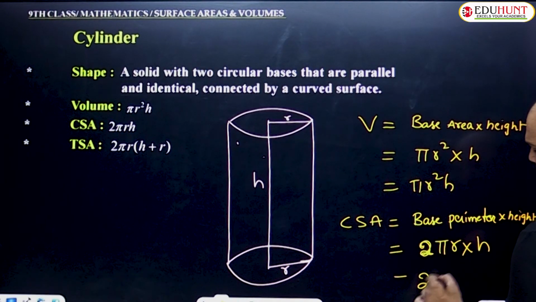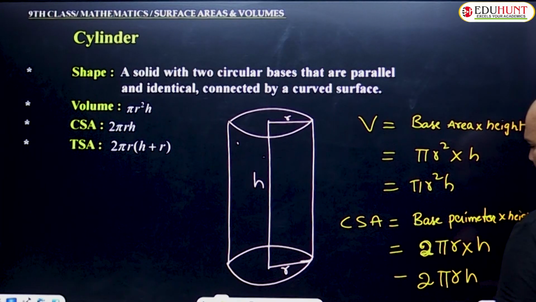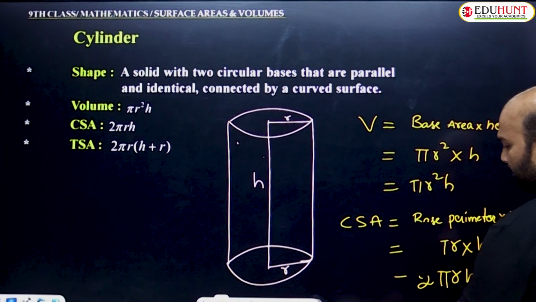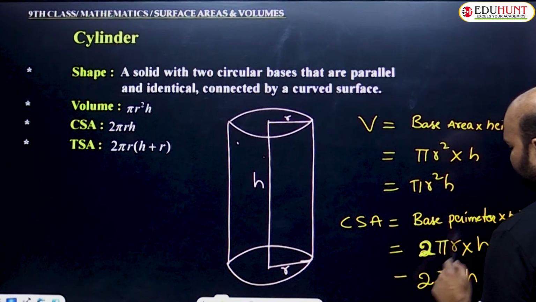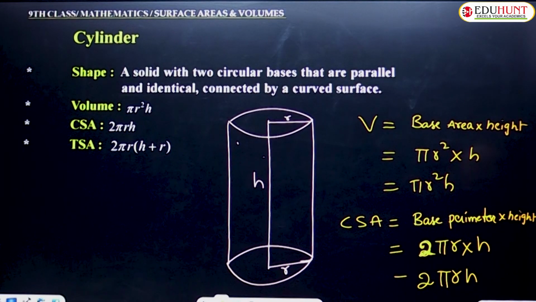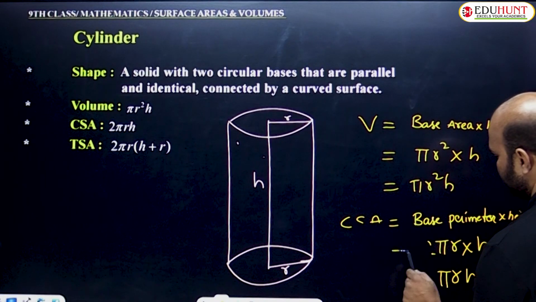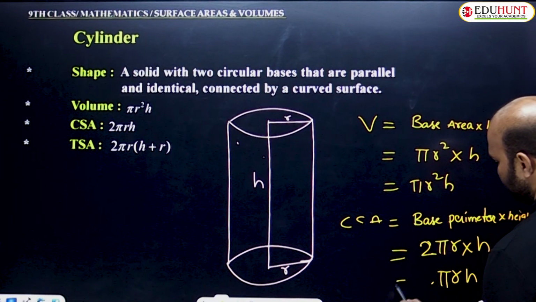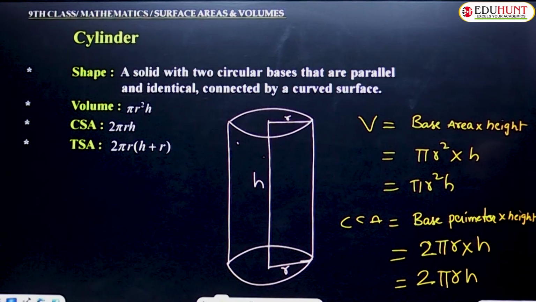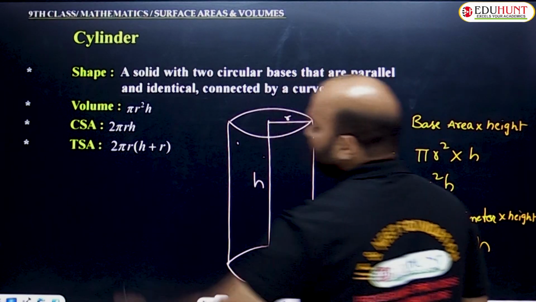It can be written 2 pi rh. So 2 pi rh is the curved surface area.